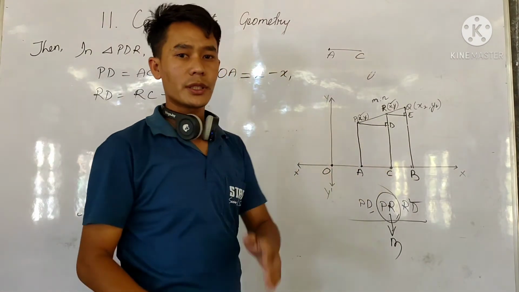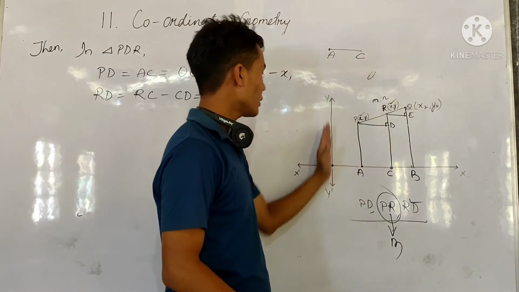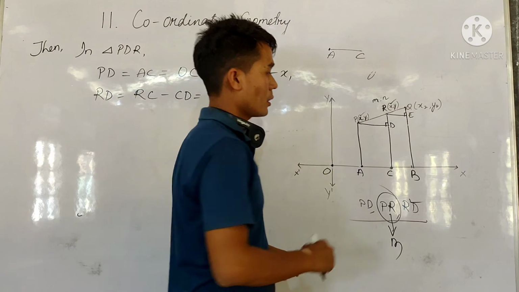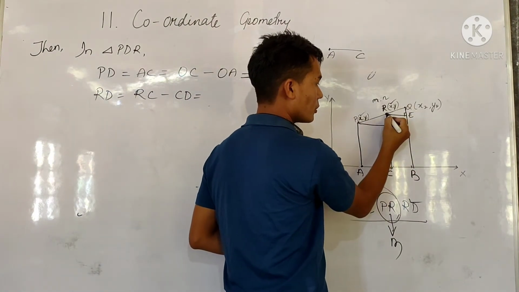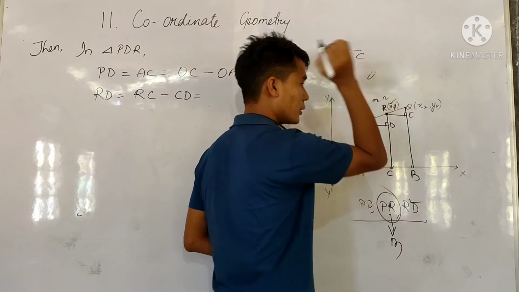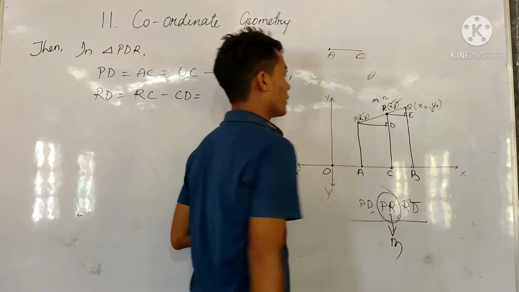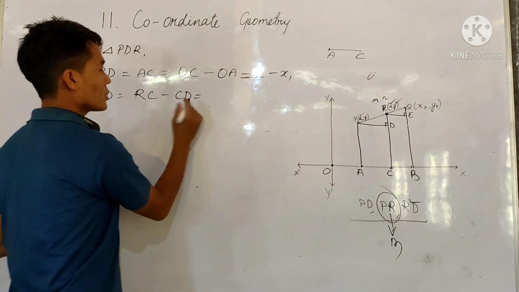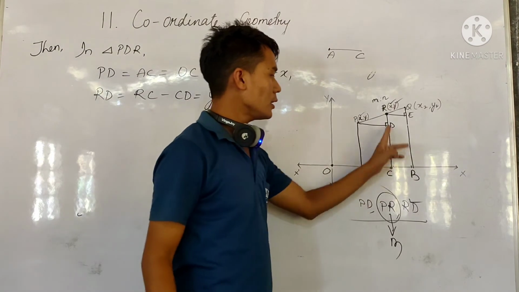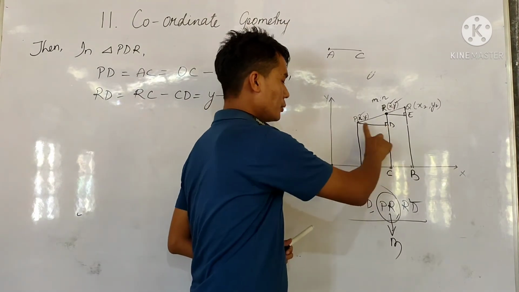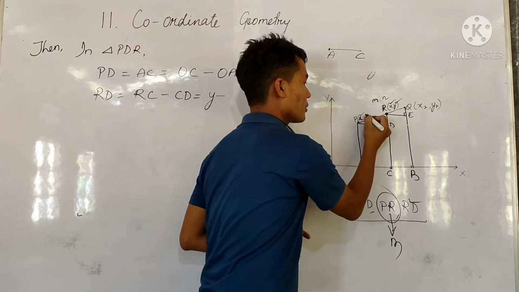This time the line is vertical, so you have to consider the y-axis. When it is the y-axis, take the y value. So RC is equal to y minus CD, which is equal to AP. The coordinate of AP is y1.